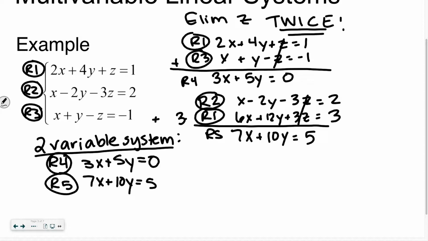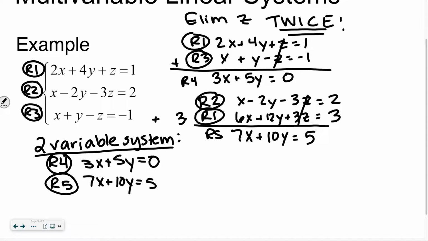Okay, can you solve that 2-variable system for me? Whether you choose substitution or elimination is your choice, but I would probably choose elimination. You need to eliminate either the x's, 3x and 7x, or the y's, 5y and 10y. Which one would be easier?